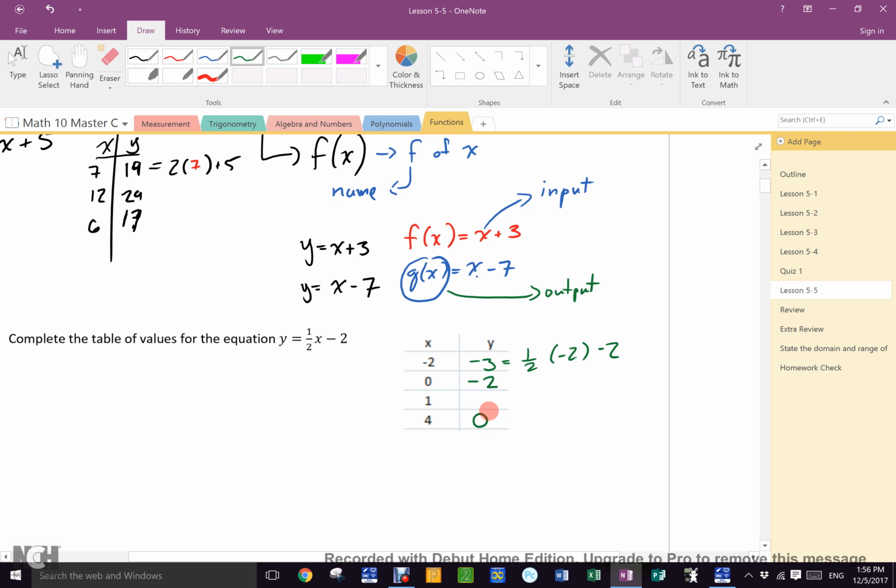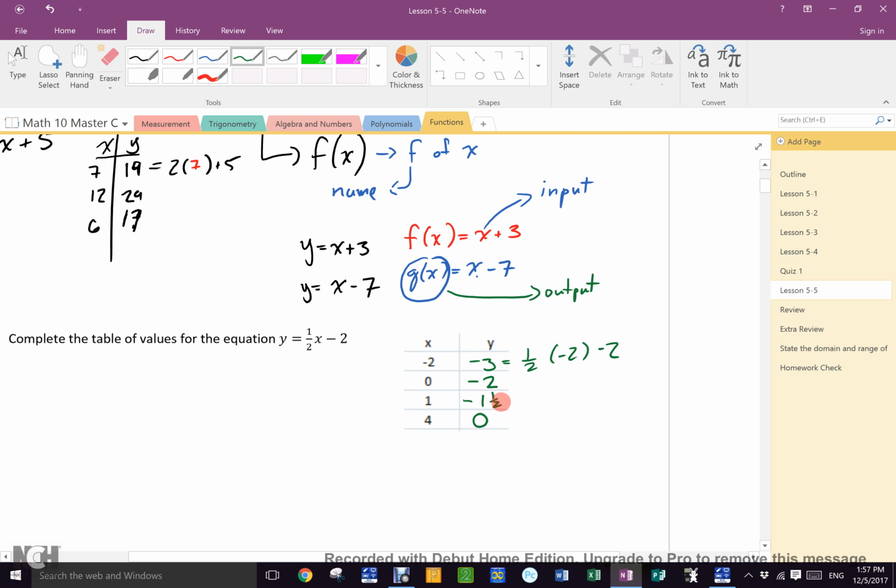Is everybody cool? I skipped 1 because that was going to leave you with a fraction and that causes you guys much grief. But it shouldn't be a problem, is it? What's half of 1? A half. Take away 2. -1.5. So everybody's cool, yes?